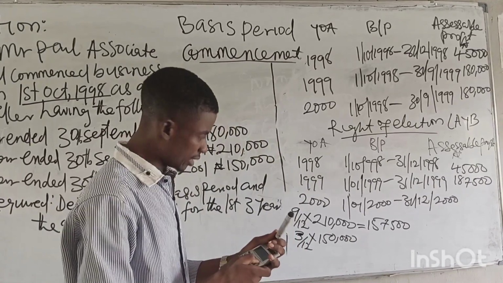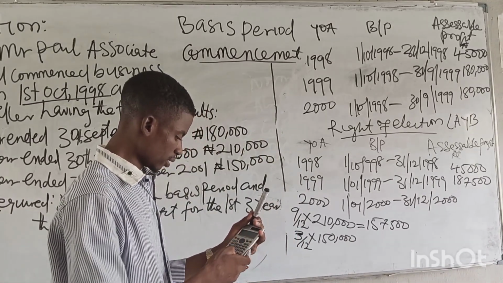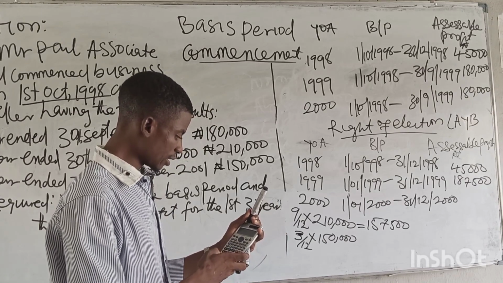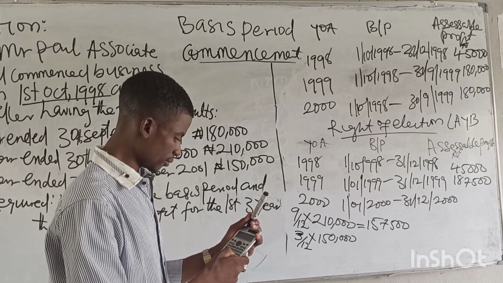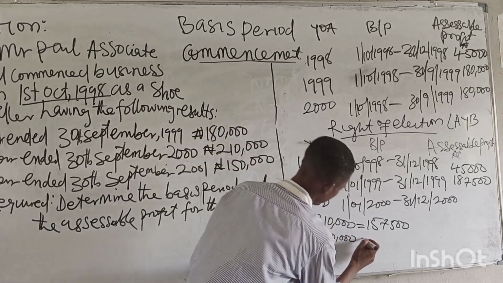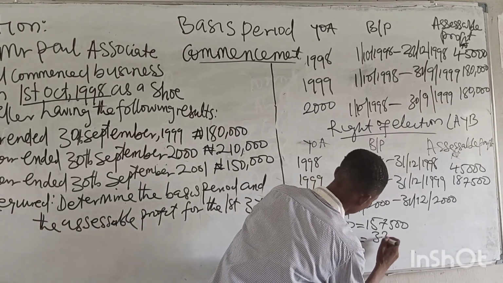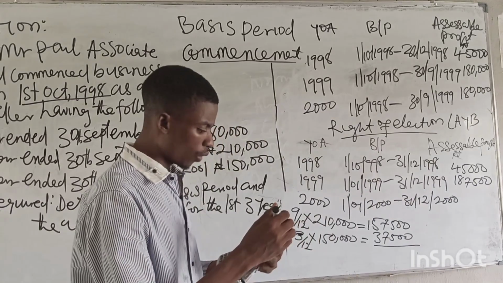Let's calculate it. 3 over 12 times 150,000, we have 37,500. Let's add it and see what we have.